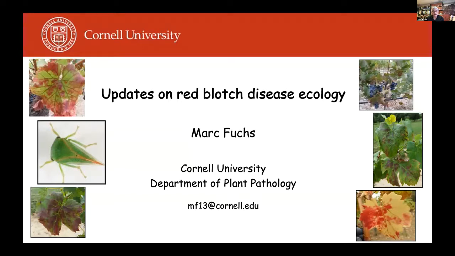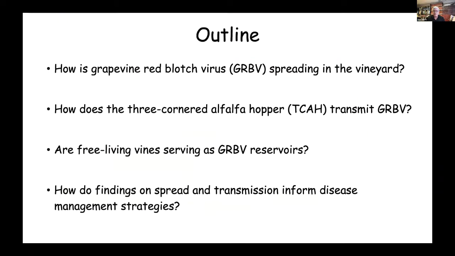So today we'll be talking about red blotch disease ecology, focusing on spread in the vineyard and how transmission actually occurs. And this type of talk, I think, is very timely in 2021, because believe it or not, I don't know how many of you realize that 2021 is the 10th anniversary of the discovery of grapevine red blotch virus from infected vines.